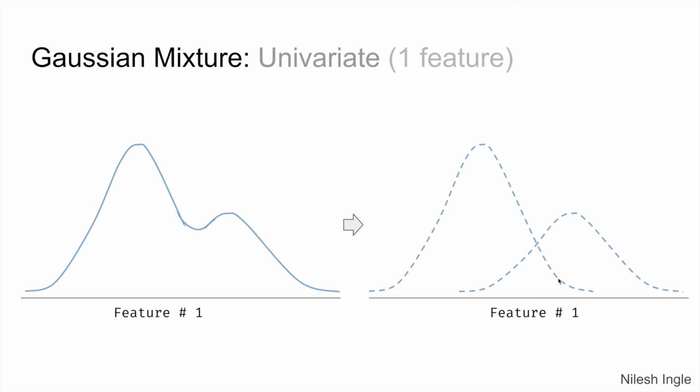And here is another illustration of how the Gaussian mixture model would look. Let's say we just have one feature, and we have a data set that looks like what we see on the left hand side. Within this curve, we can tell that there could be two Gaussians that together show this outline that we see.